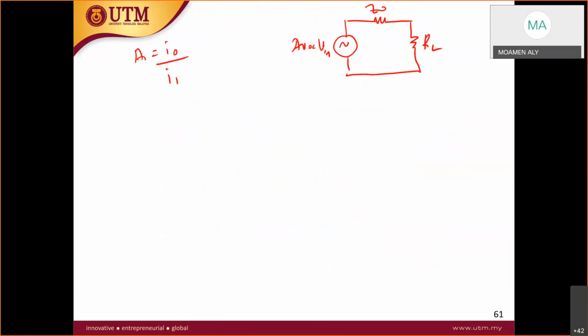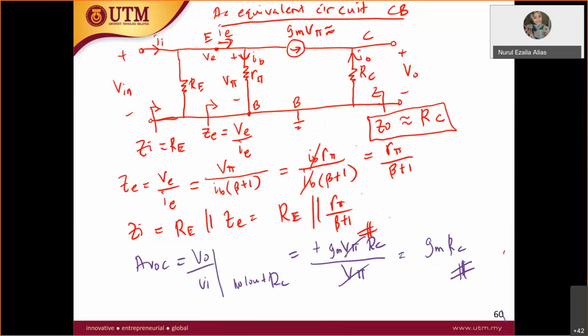I out equals negative gm V pi because it is in the opposite direction. I out is the current across RC. Just now when you found V out, you took the current gm V pi. It is the same current going through there, therefore it is equal to negative gm V pi.